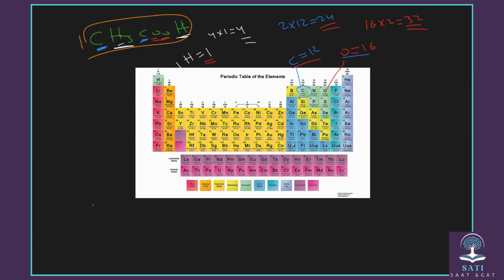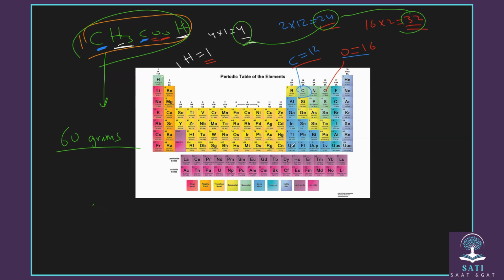So I have 4 here, 24 here, and 32 here. If I add 4 to 24, I get 28. Add the 2 here, it's 30, and another 30 is 60. So the molar mass of this compound is 60, and 60 means 60 grams, the mass of 1 mole of this molecule.